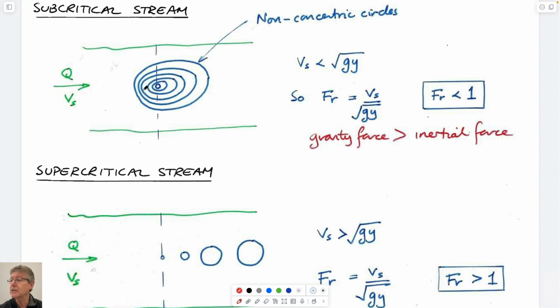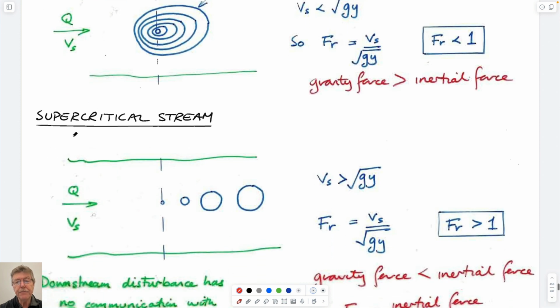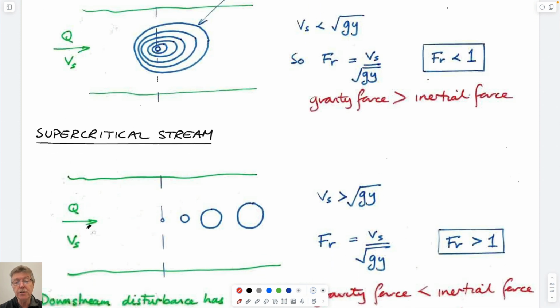The information that this is trying to send upstream actually only moves more slowly if it's flowing at some velocity downstream. If this downstream velocity is larger than the celerity wave, then instead of looking like these non-concentric circles, they'll look like these individual drops.